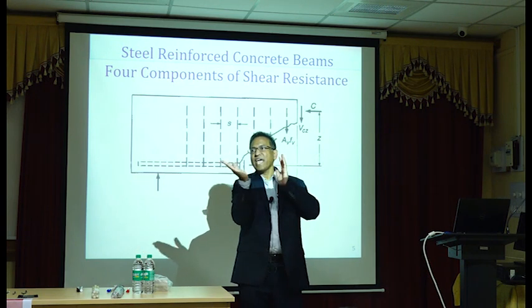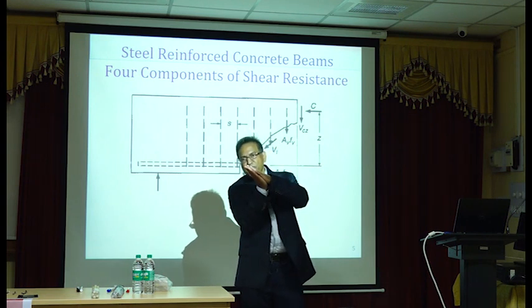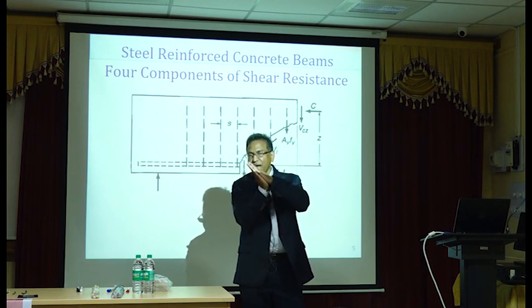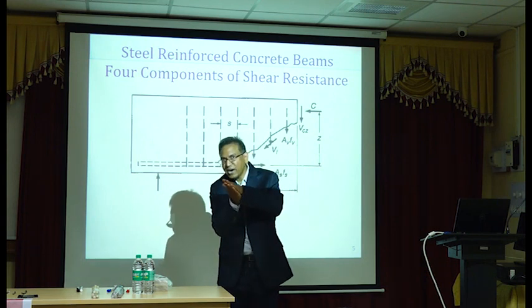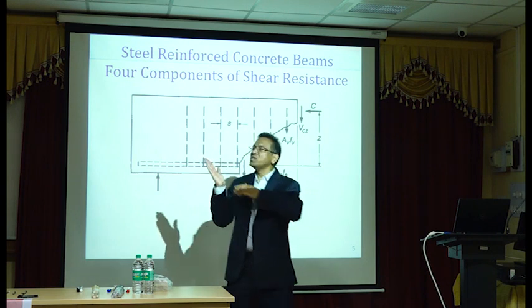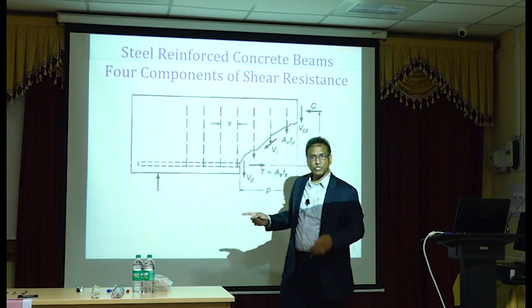Because for the aggregate interlock shear resistance to develop, you need to have frictional resistance. That means you should have very small opening, and one side of the crack will slide on the other side of the crack. That's what will give you frictional resistance, which is the aggregate interlock contribution.